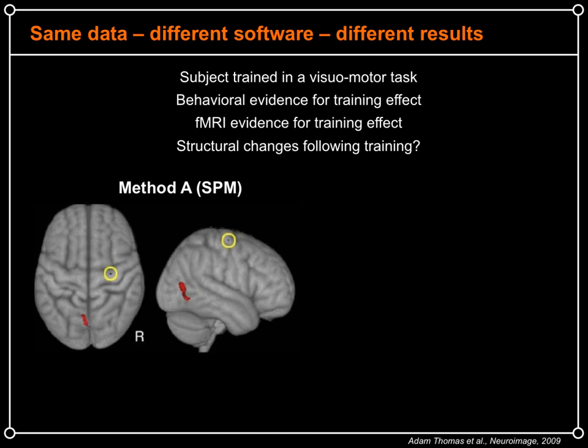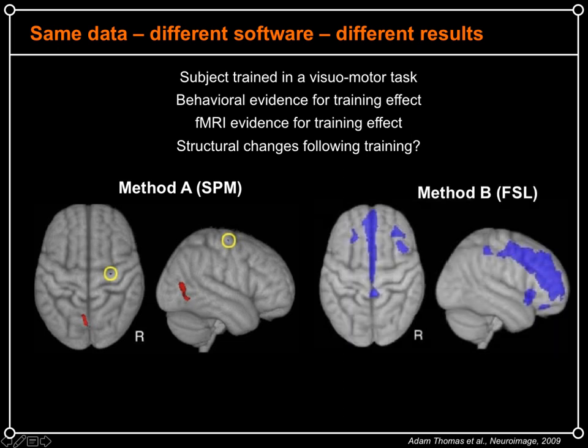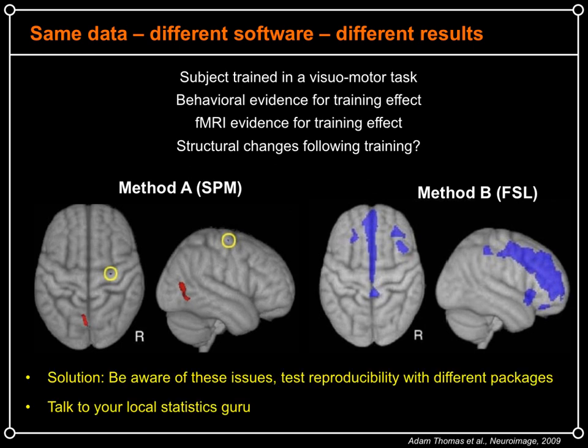And so he looked at structural changes, and he compared two different packages. Here's what the SPM approach showed, changes in certain brain regions. But if you take the same data and run it through a different pipeline, he got a completely different map of structural brain changes.